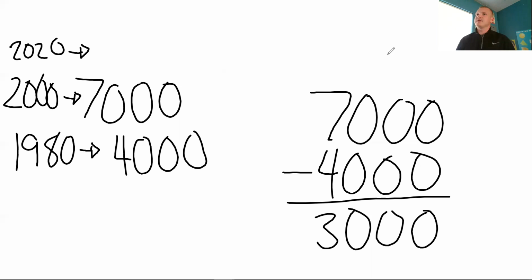What would you predict it would be in 2020? Yeah, just 10,000. We're not for sure, but based off of this graph, we could guess that it would be about 10,000 in 20 years.